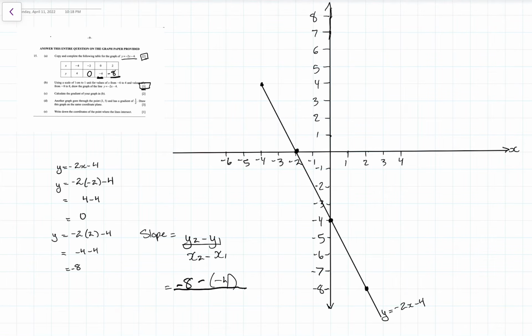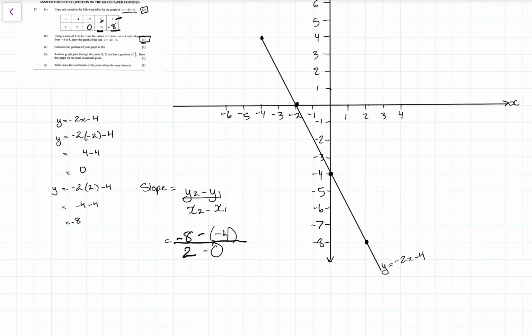And then because negative 8 is my y value, I have to use 2 as my x2, and then 0 as my x1. So negative 8 minus negative 4 is the same thing as saying negative 8 plus 4, which is just negative 4. And then 2 take away 0 is 2. So that's just going to give us negative 2 as our slope or our gradient from using the formula. So that's an extra 2 points. So now we have 7 points already.